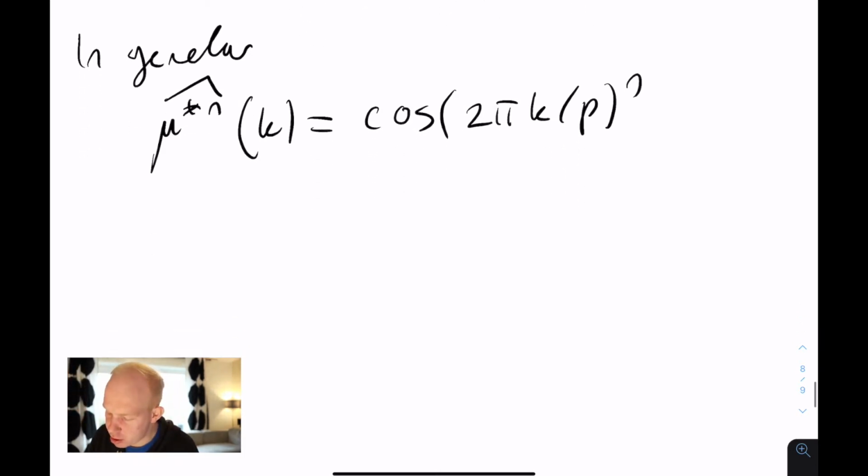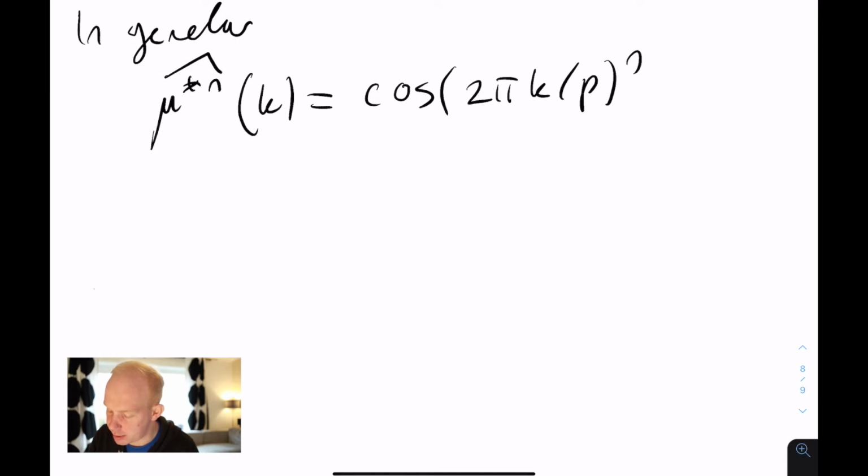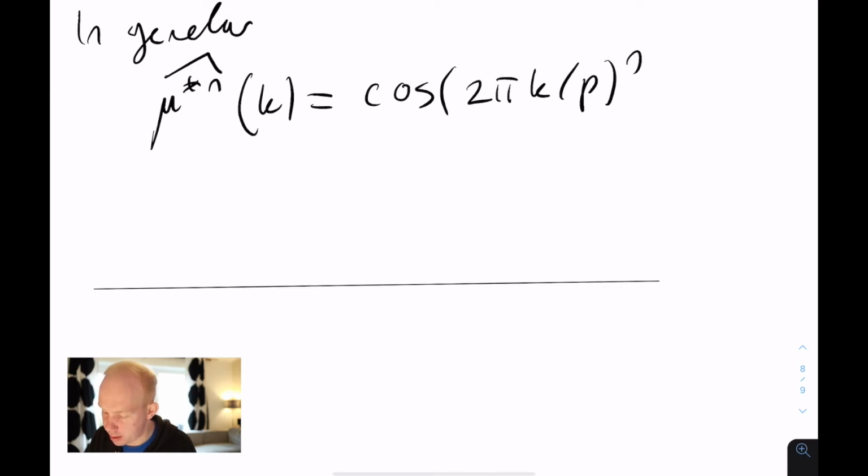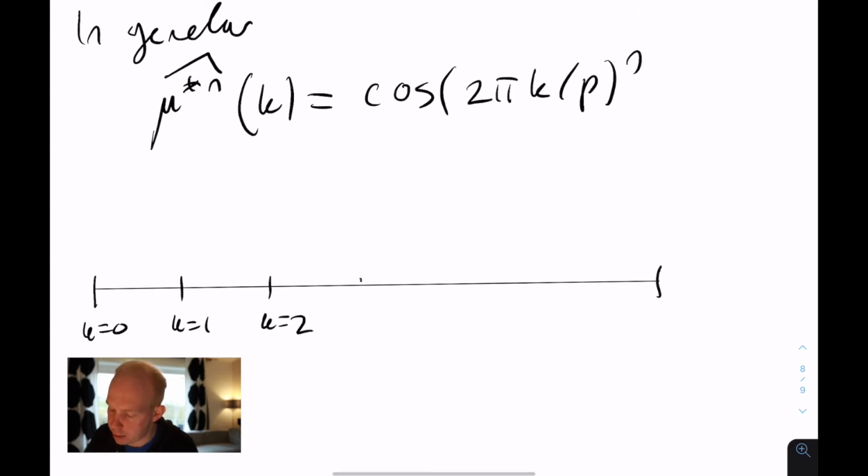So let's draw the picture we have here, at different points: k is equal to 0, maybe k is equal to 1, and k is equal to 2, and so on, up to k is equal to p minus 1.